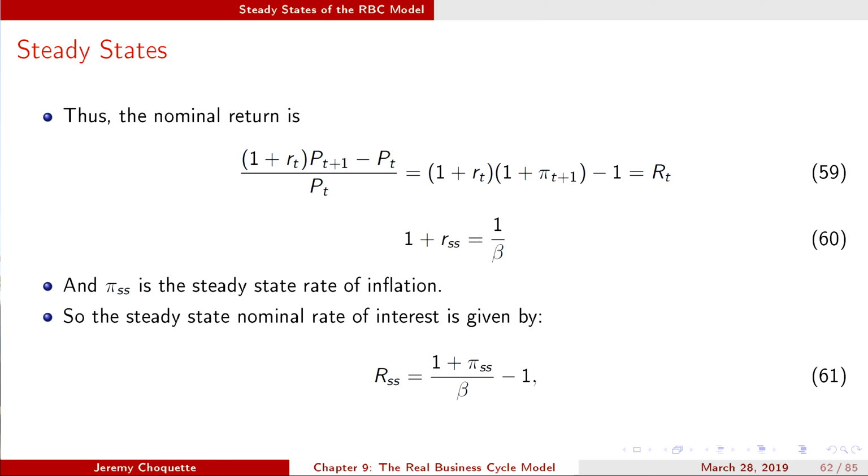Well, this says 1 plus the nominal interest rate in the steady state is equal to 1 plus steady state inflation divided by beta, or 1 plus the nominal rate in the steady state is equal to 1 plus pi times 1 plus rho. Now, if I subtract 1 from both sides, I isolate the nominal interest rate in its steady state, which is this right here. And the cool thing is this varies 1 for 1 with inflation.